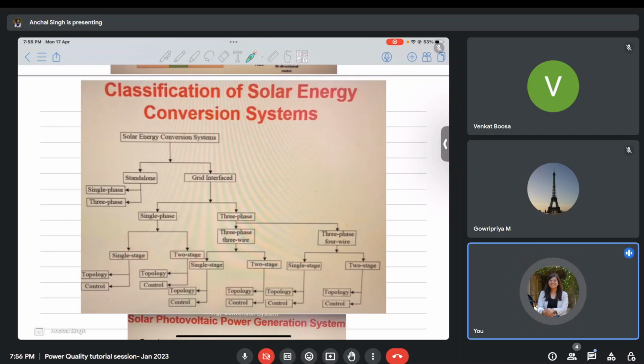Single stage and two stage just means that if you have a DC, you could first connect it to a DC by using a buck or boost converter, and then you could use a DC to AC converter. So that is a two stage converter. And if you are converting that DC directly into AC, it is a single stage converter. That means how many cascading converters are present in the way. Based on that, we can classify it into single stage and two stage converters.